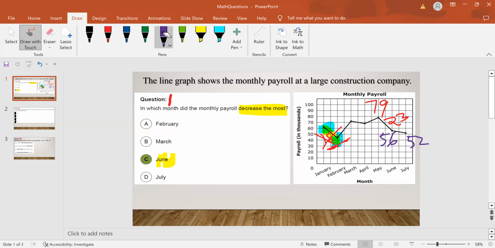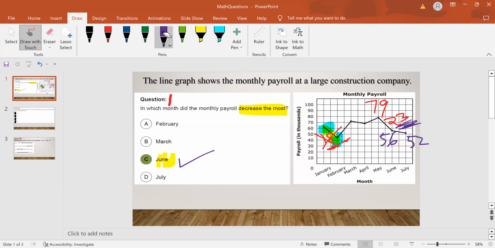But anyway, from 56 to 52 or 56 to 51, the difference there is smaller than 23. You see, it's smaller than 23. Therefore, 23 is the largest value, and we get this when the value drops from May to June. That is the reason we choose June as the correct choice.